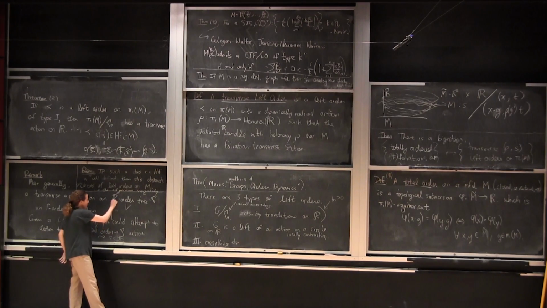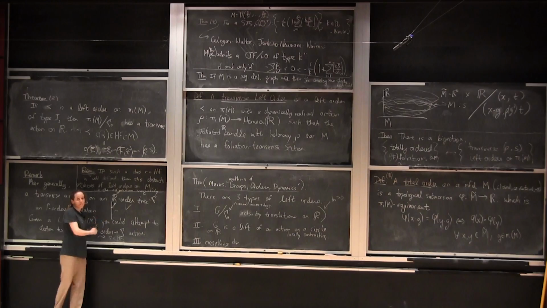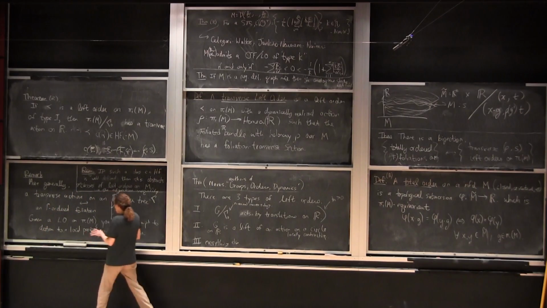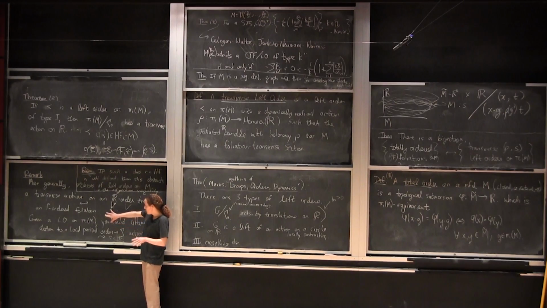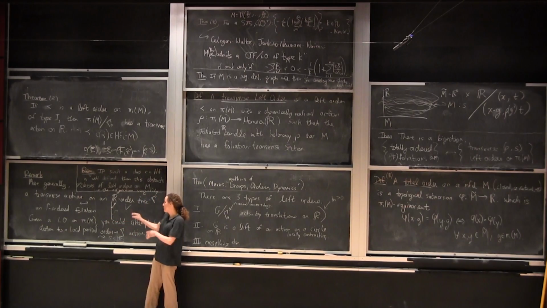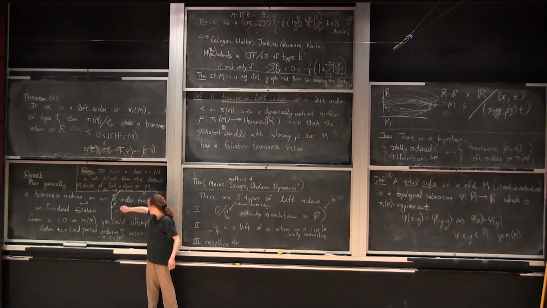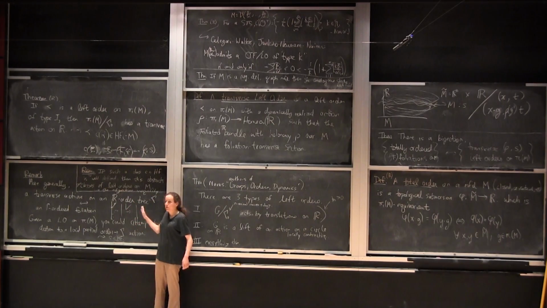Anyway, you could make a deformation of my total left order to a partial left order by changing my action on R to an action on an R-order tree. And every foliation has an R-order tree order for its leaf space.